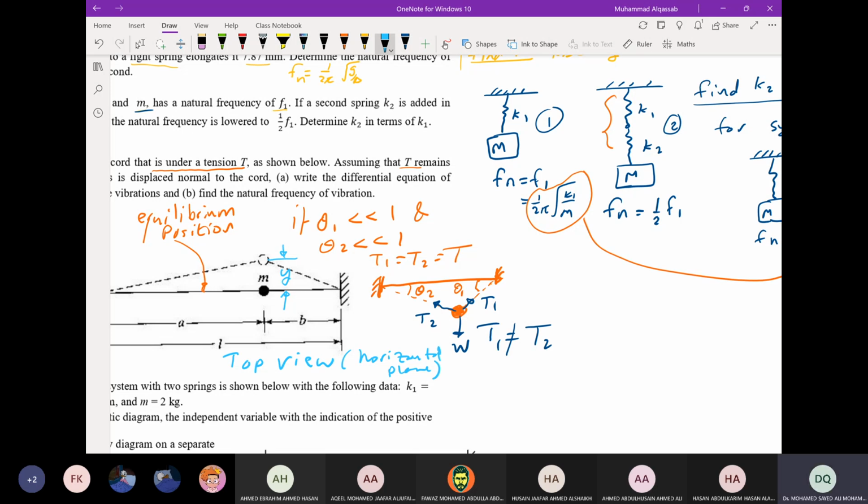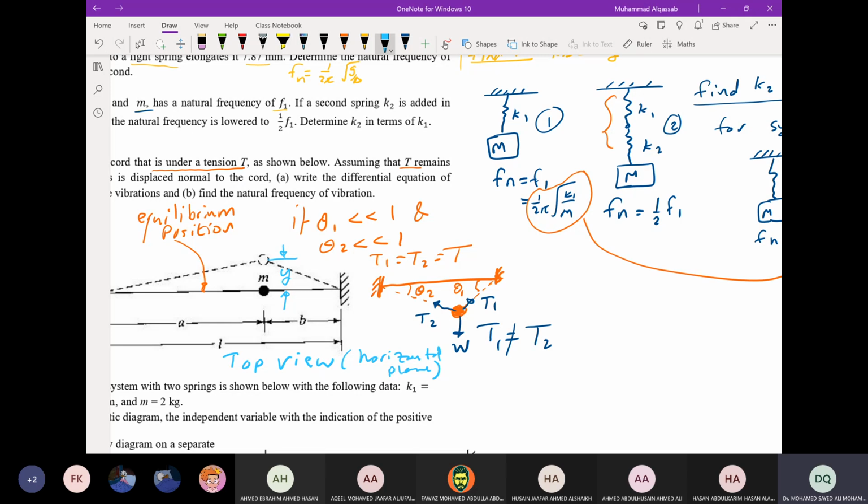If this is the vertical plane, it means you can see the mass moving up and down. But if this is the top view or horizontal plane, you will see the vibration sidewise, right and left, not up and down. So gravity is not part of the free body diagram.